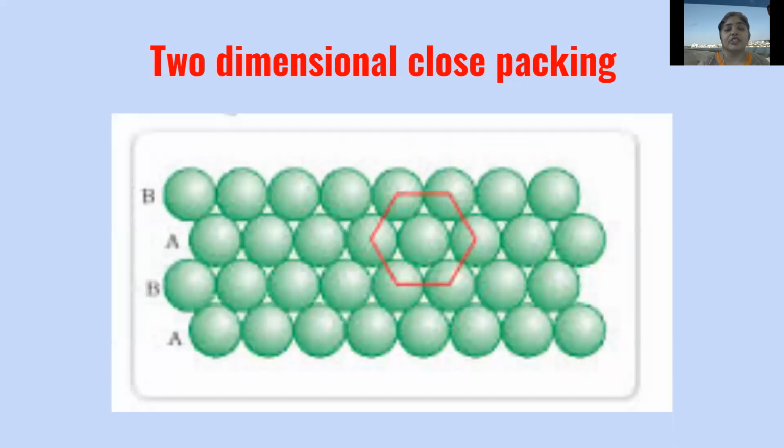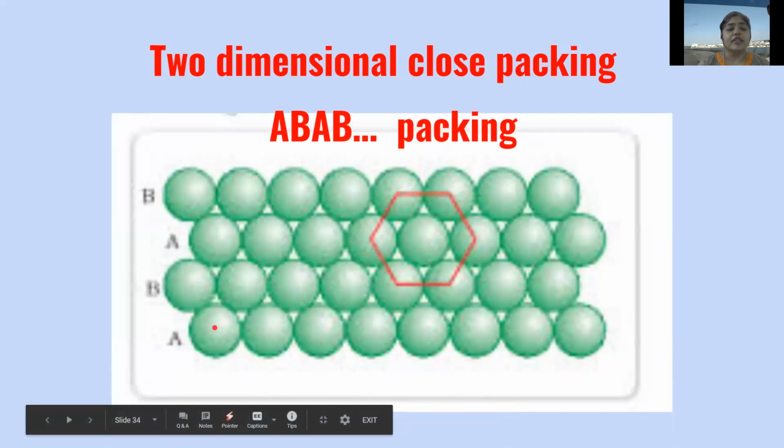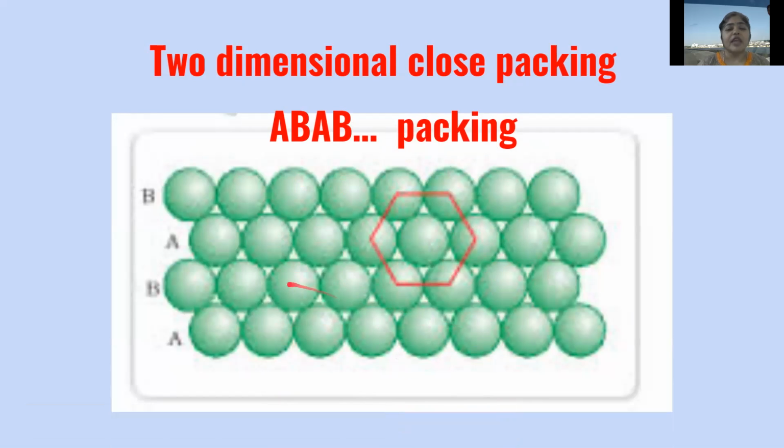Now there is one more type of two-dimensional packing that is possible. That is if I were to arrange the rows in such a manner that the first row of beads I've already placed. Now when I get the second row, I place it in such a manner that the beads fit into the depressions of the first row.